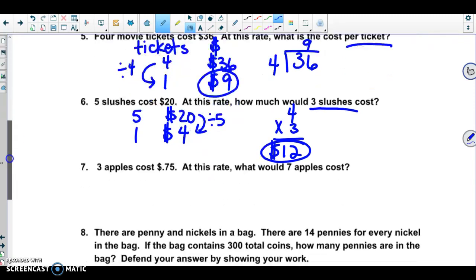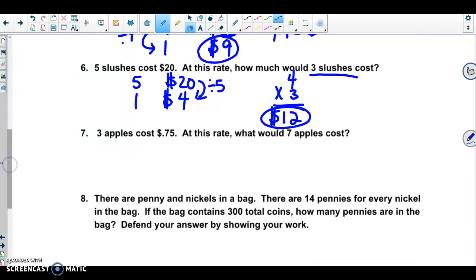All right, number 7. 3 apples cost 75 cents. I know that this dot right here looks a little weird, but that's just our period at the end of that sentence. So 3 apples cost 75 cents. At this rate, what would 7 apples cost? So again, you might think of it a little bit differently, but it might make it easier to know what 1 apple costs.